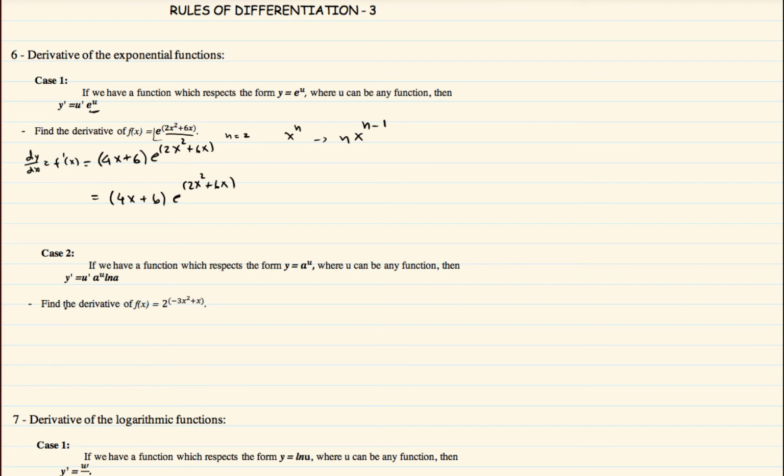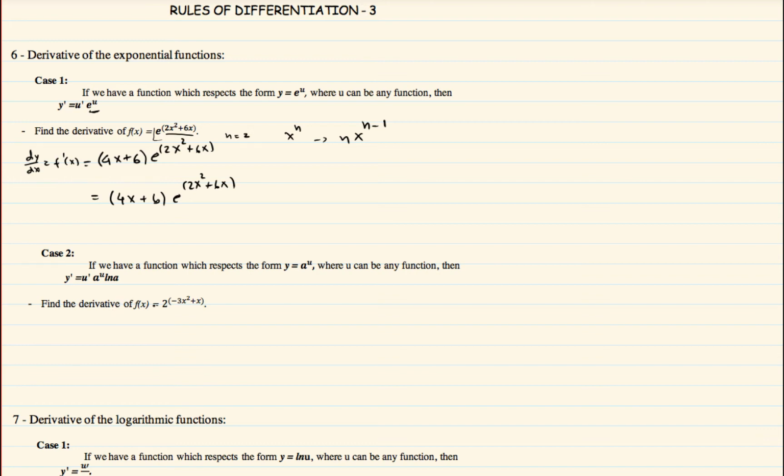Now case number 2. In case number 2, in place of e we have another constant, a different constant that we call a. But the expression that has a variable is in the power again. So what we do now is find the derivative of the power, multiply by the original function that was given, and also multiply by the natural log of that constant that represented the base of that power.